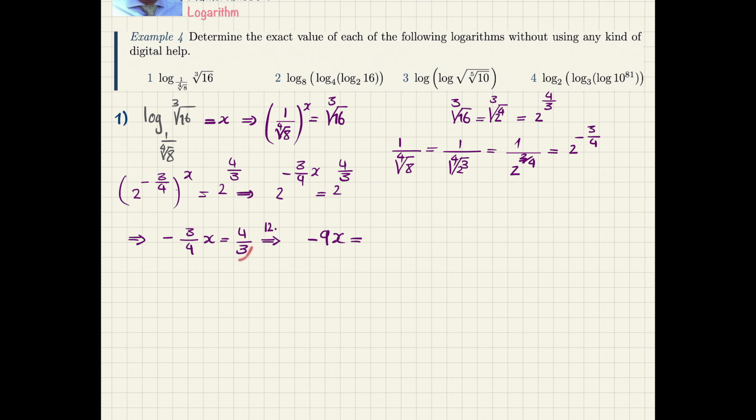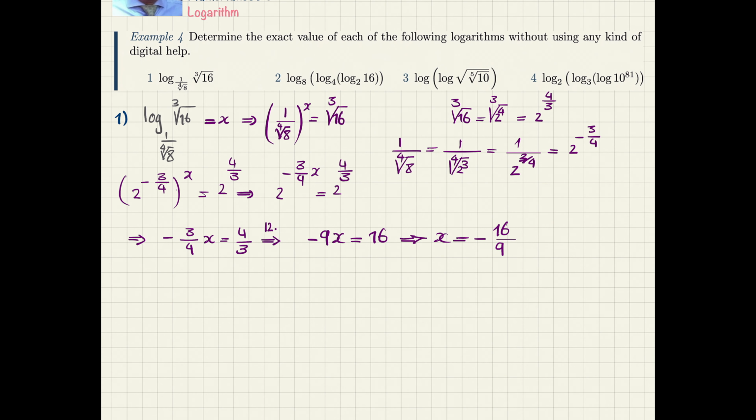And 4 over 3 multiplied by 12 gives 16. Because I want x alone, I divide by minus 9, so the answer is minus 16 over 9.